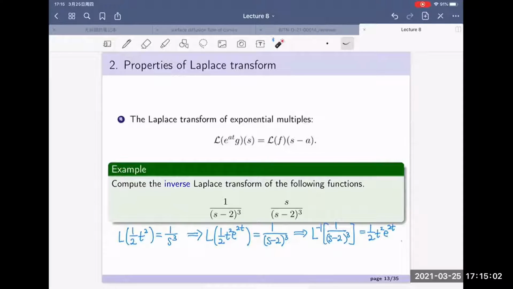So this is the first function. The second function is simpler, because you already have the result for the first function. You can convert the second function into the first function in this way: you subtract 2 and then add 2 back.